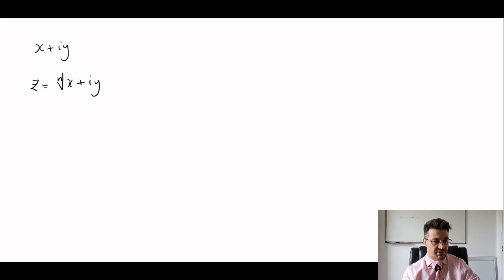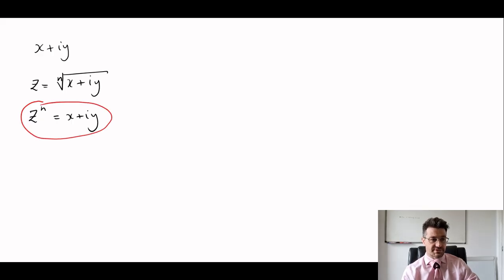We're trying to find those complex numbers z such that when we raise z to the power of n, we get x plus iy. So rather than thinking about things as z equals the nth root of x plus iy, it's better for us to think in terms of z to the power of n equals x plus iy.